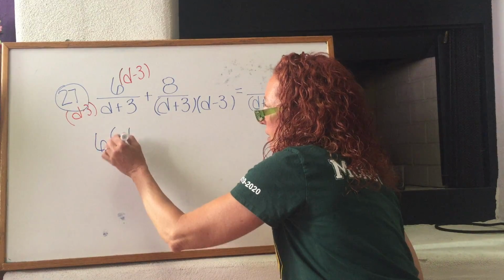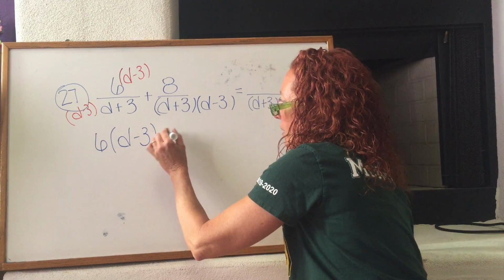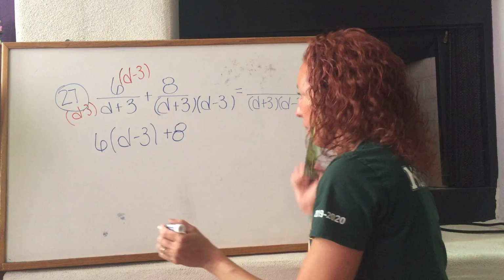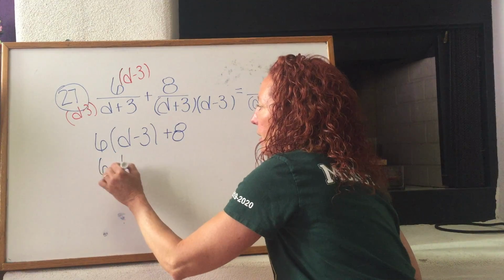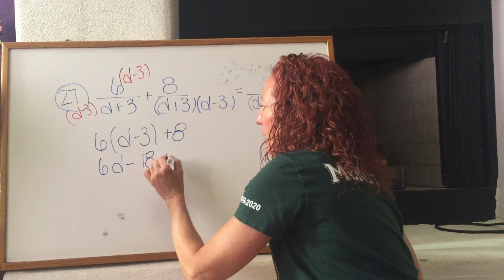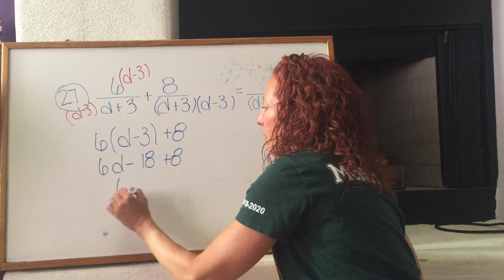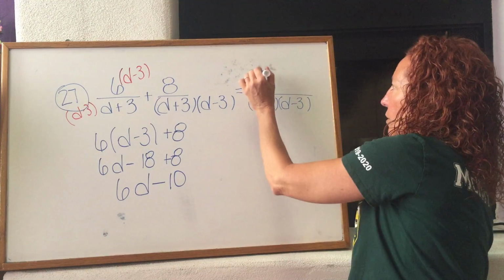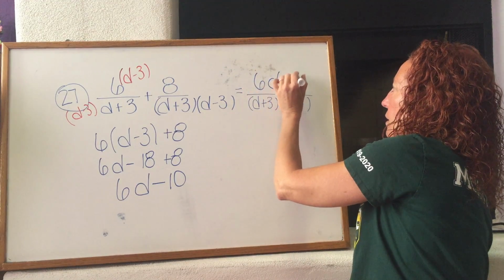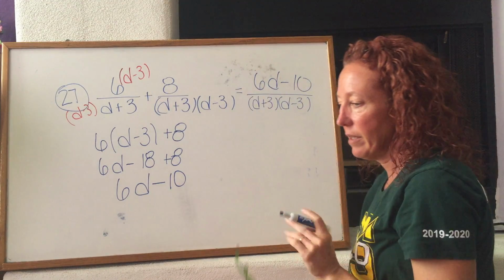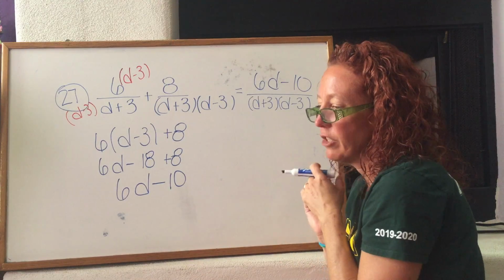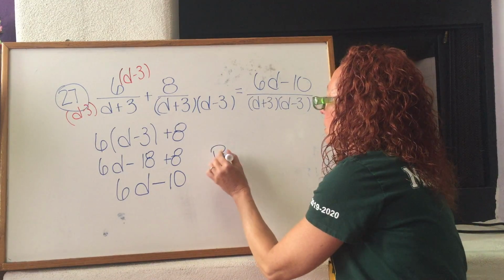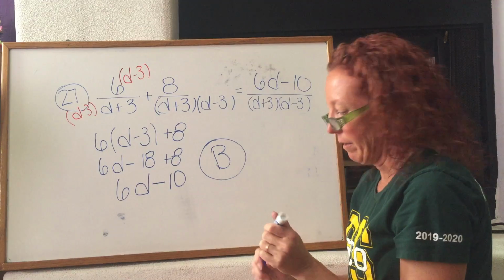So I have 6 times d minus 3 plus 8 to work out, or 6d minus 18 plus 8, so 6d minus 10. That's what's going to go right here, which makes my answer B.